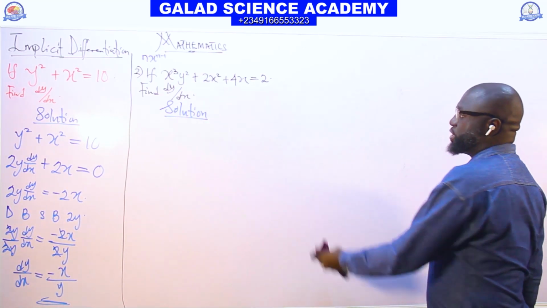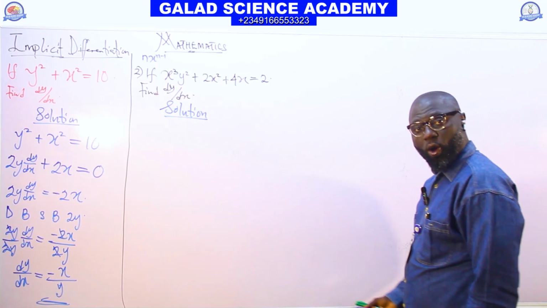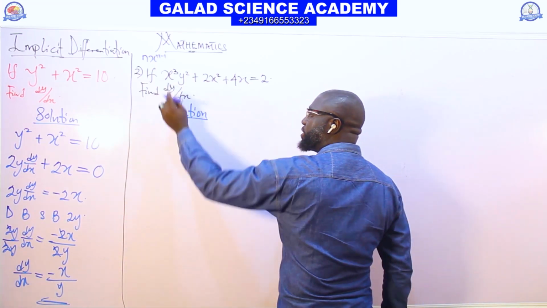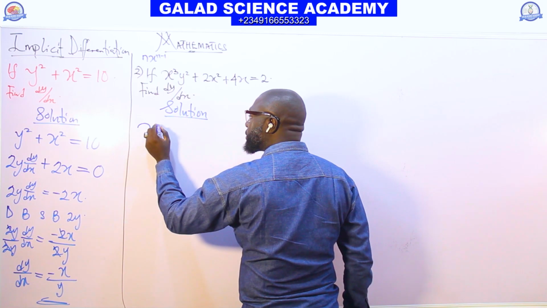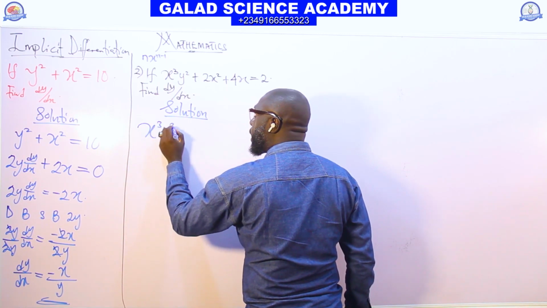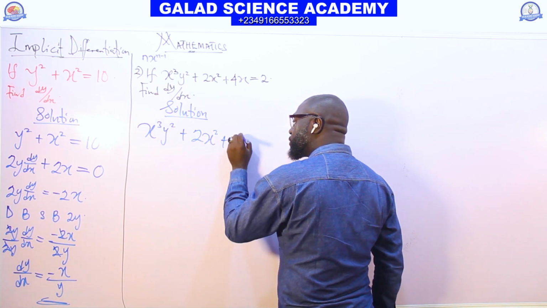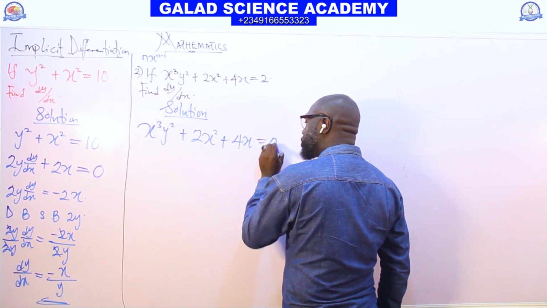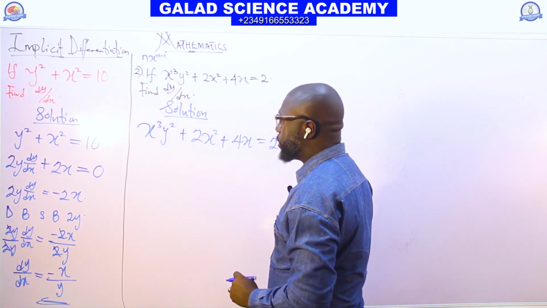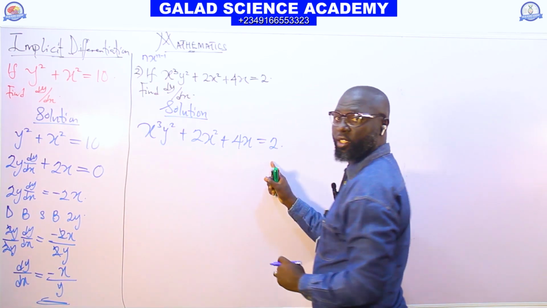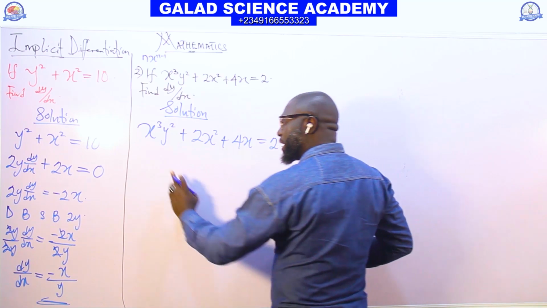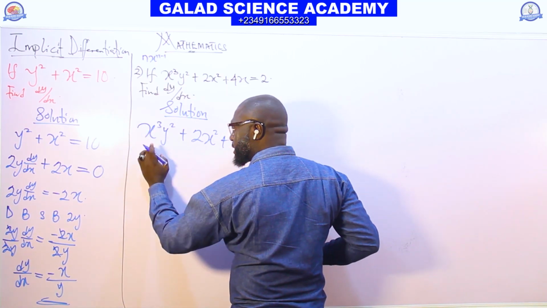To solve this, what do we do? We are given x cubed plus y squared plus 2x squared plus 4x minus 2. We are asked to differentiate this expression. The first thing we do is differentiate this x.